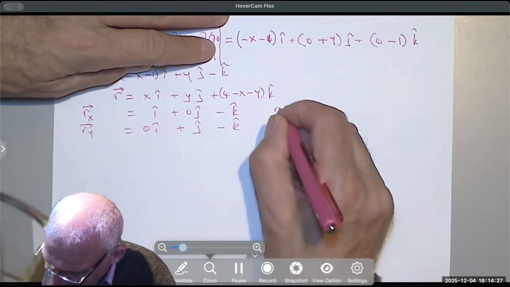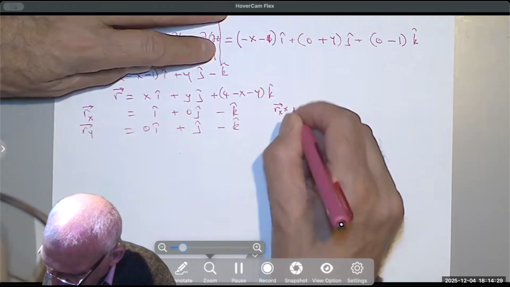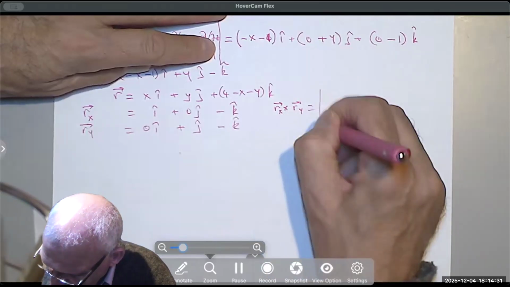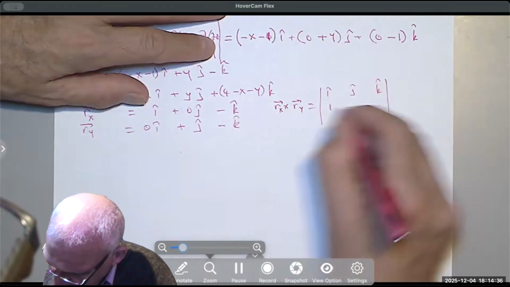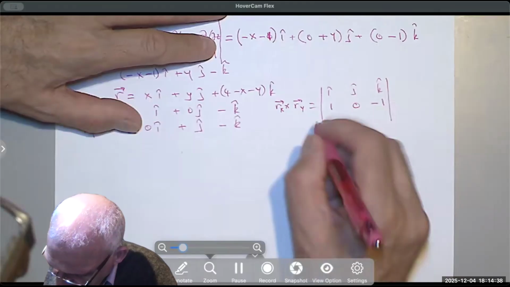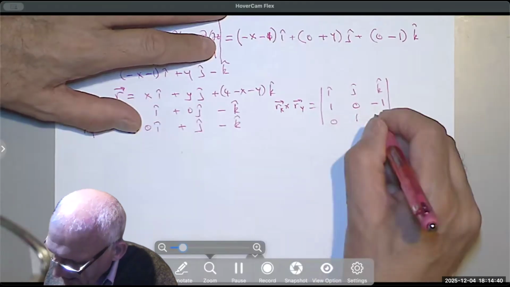So Rx cross Ry would be the determinant of i, j, k; 1, 0, negative 1; 0, 1, negative 1.